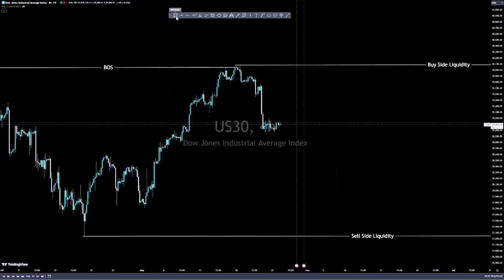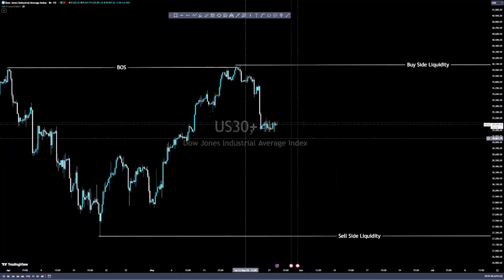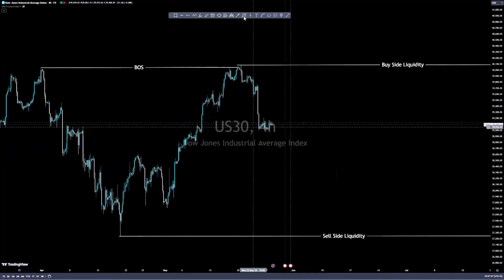If you ask me, I would say yes, it's at a demand zone. But this demand zone, let's see, Fibonacci level it's in. The only problem is this demand zone that it's in, it's not at a discounted level.